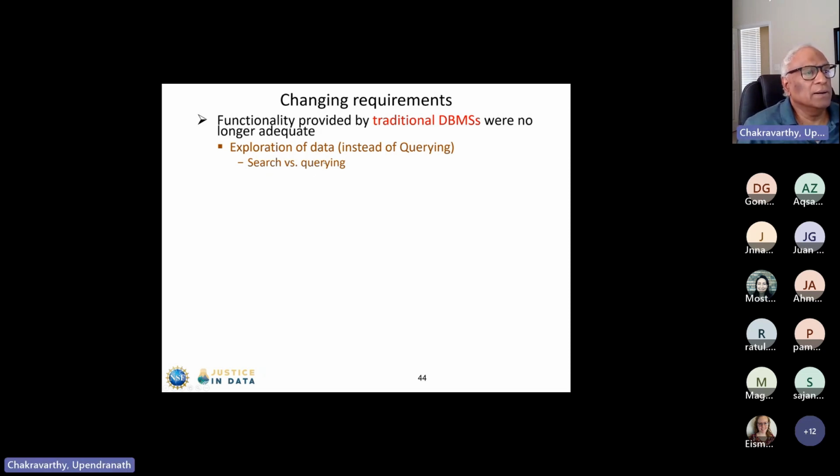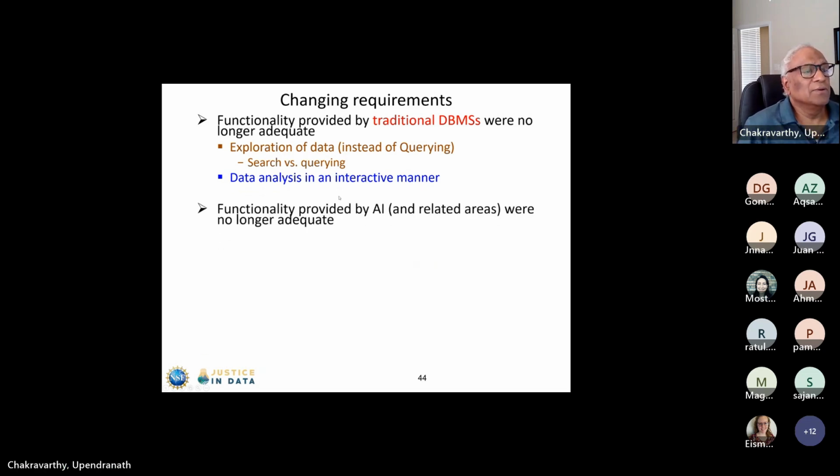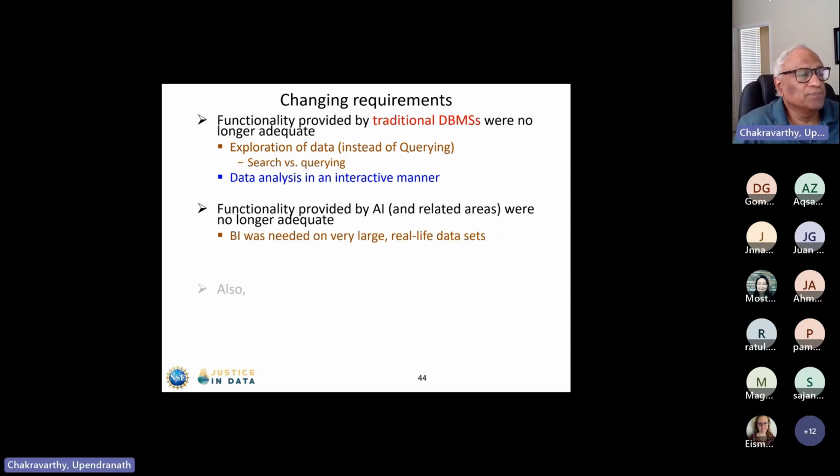And people wanted exploration, not necessarily search, exploration of data in different ways. So data analysis needed to be done in an interactive manner. These are the things that prompted what we are going to see next.